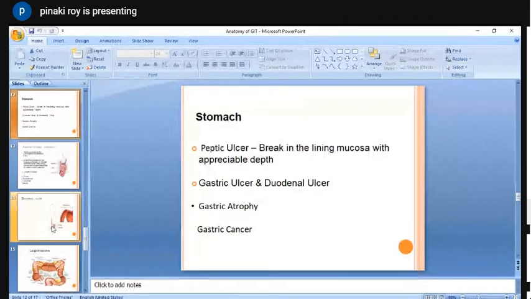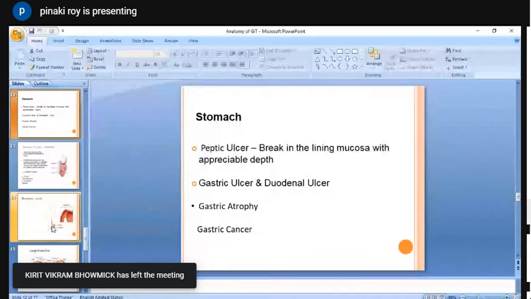Because in gastric ulcer, one cause is hyperacidity, another is malignancy. Most of the time, following H. pylori infection, there will be more and more acid production, and more and more acid production will cause ulcer formation.